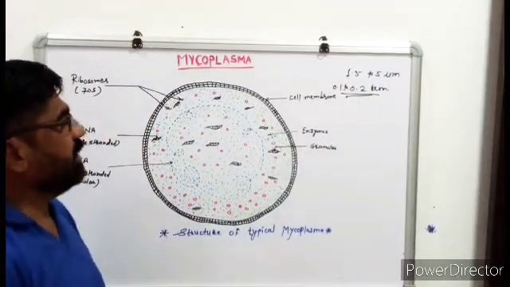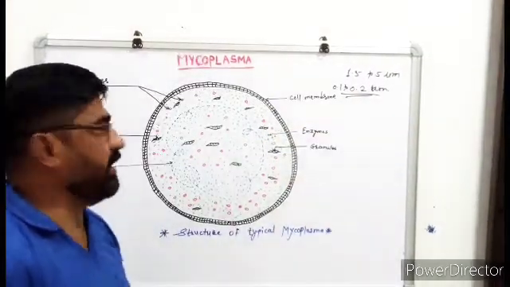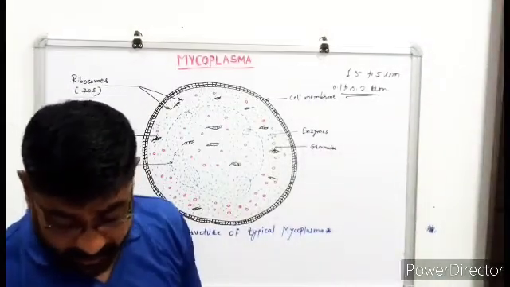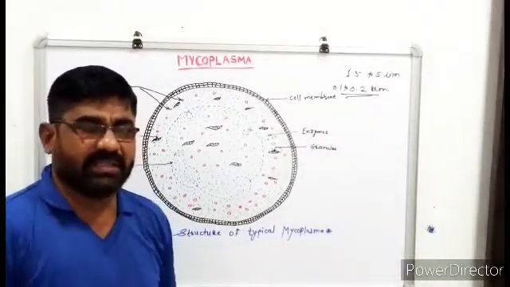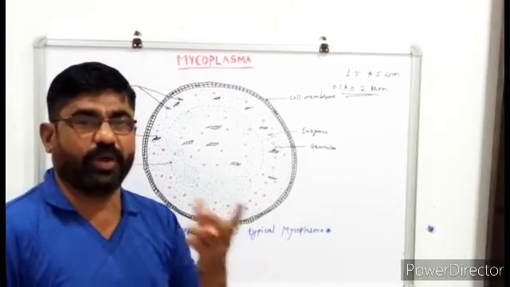Okay, so these are very small or minute bacteria, the mycoplasma. These are the parasitic mycoplasma. First of all, they are the simplest and smallest bacteria, that is, prokaryotic cells.